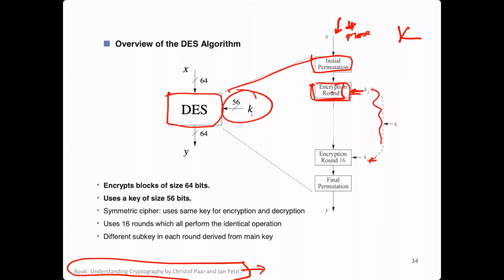Each encryption round consists of a diffusion function and a confusion function. These are the 16 rounds, then the final permutation, and then you get the output. Any question?